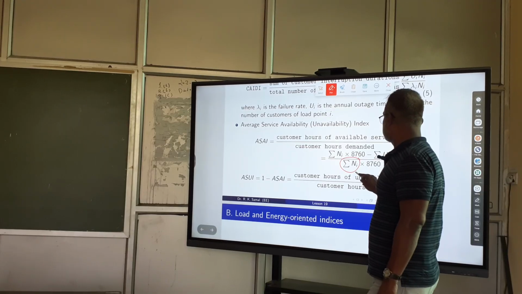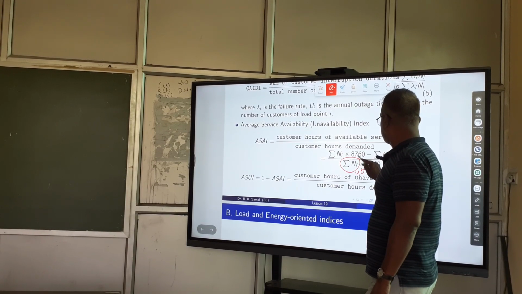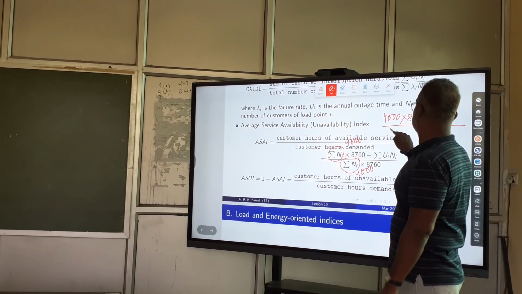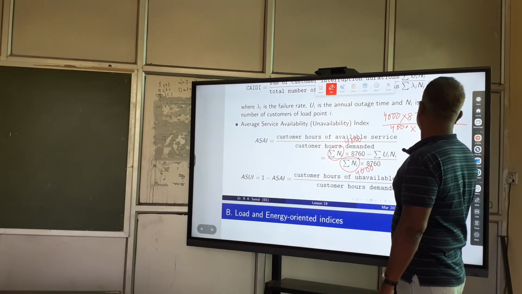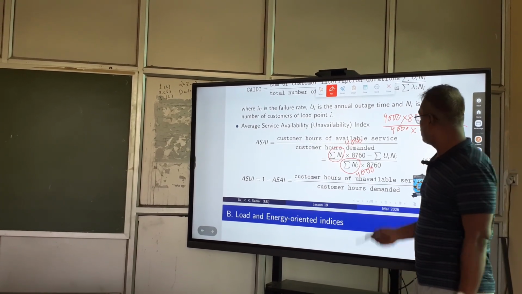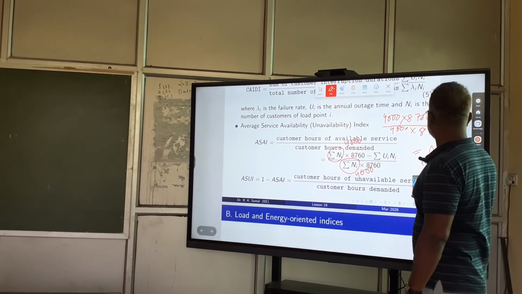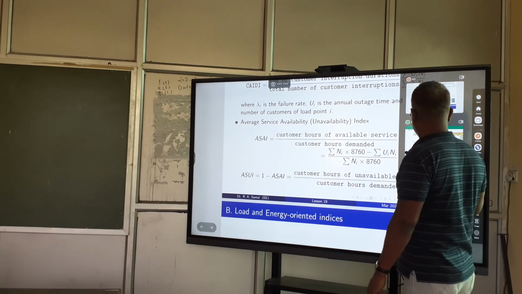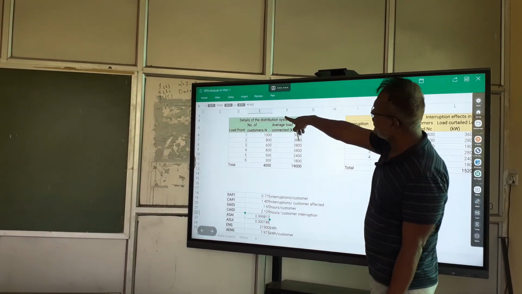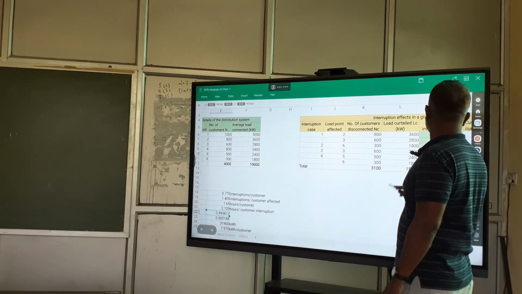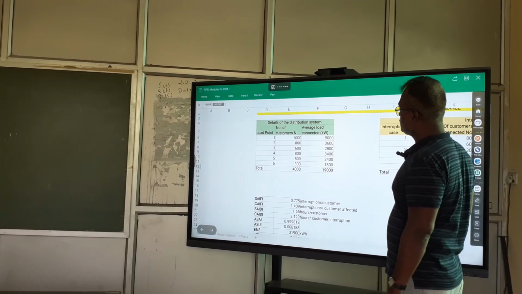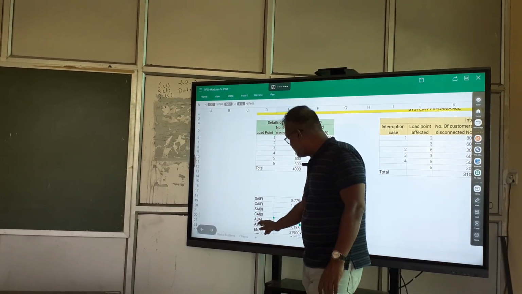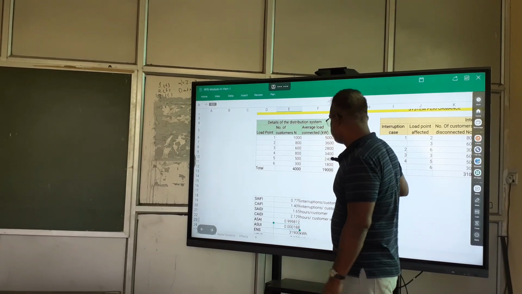The customers are 4000, so 4000 into 8760 minus 6600, divided by 4000 into 8760. That gives 0.999812. Now this is availability, and this is unavailability, so it is simply 1 minus this.